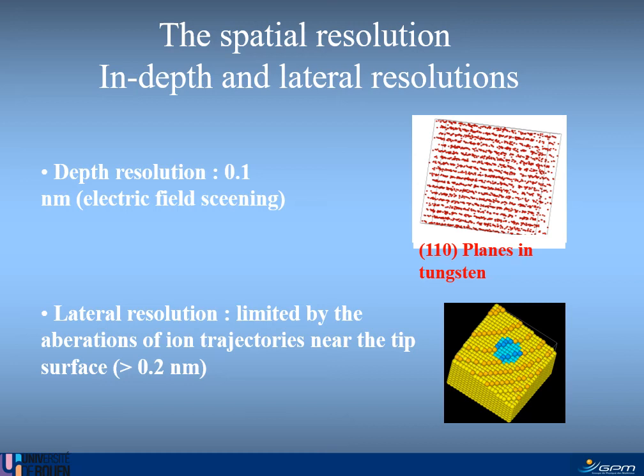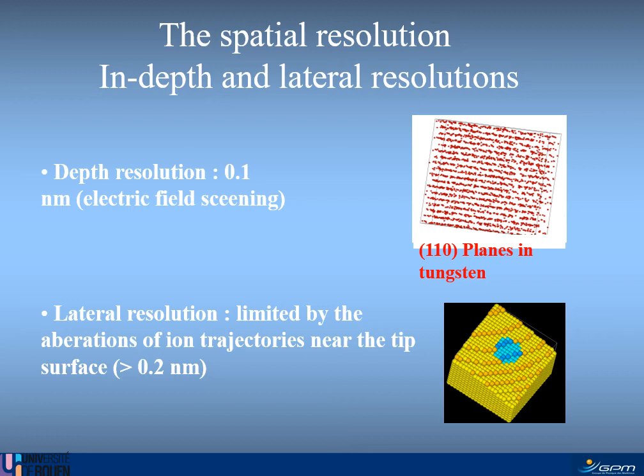So the model that we used before, the simple projection, is not really exact. And these aberrations lead to imprecision at the tip surface. That means that we will not be able to reconstruct the material at the atomic scale in the 3 directions.